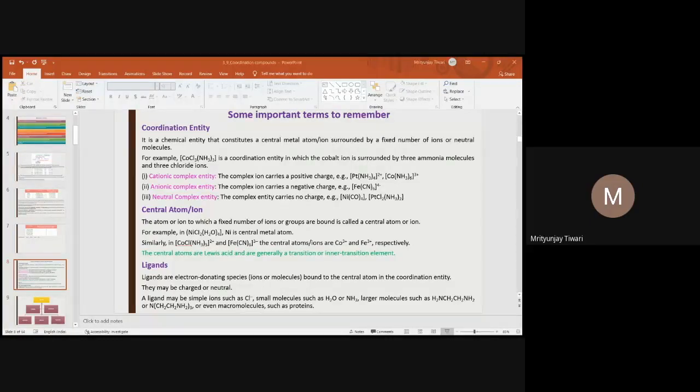For example, if you look at NiCl2(H2O)4, nickel here is the central metal atom. You can also call it a central metal ion, because the oxidation state of nickel here is plus 2 and nickel is in the form of an ion, not a metal atom.